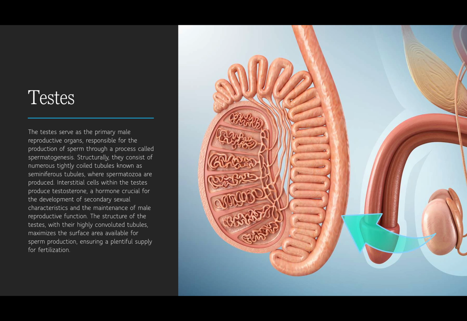So the structure of the testes is highly convoluted tubules. That's really their superstructure of completely bunched tubules. Highly convoluted tubules maximize the surface area available for sperm production, or spermatogenesis, ensuring a plentiful supply for fertilization.